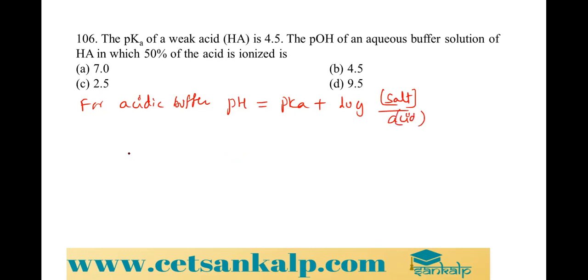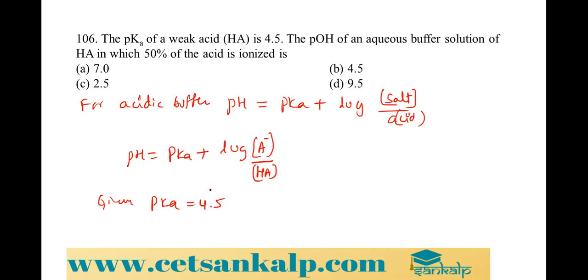So pH is equal to pKa plus log of A minus concentration by HA concentration. So our given pKa is equal to 4.5 and the acid is 50% ionized.